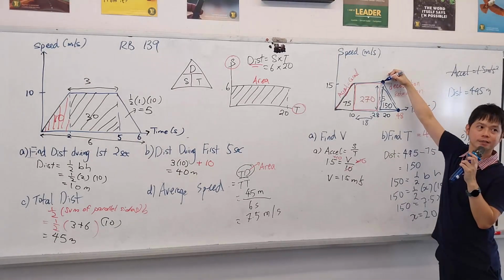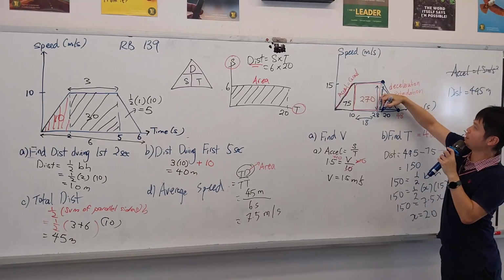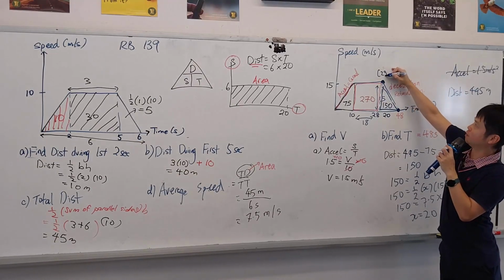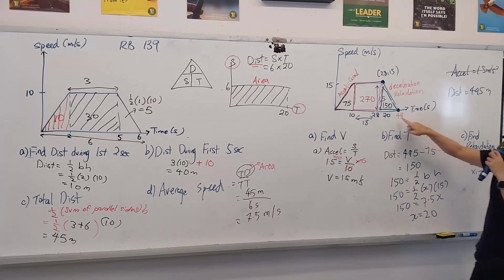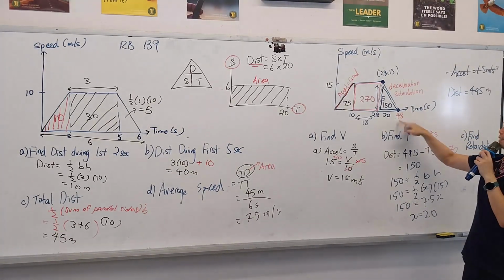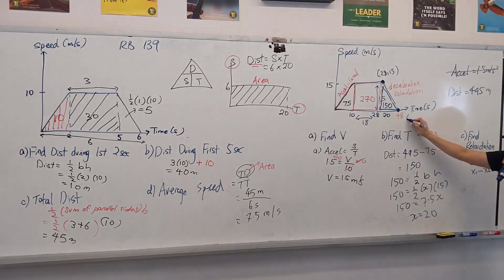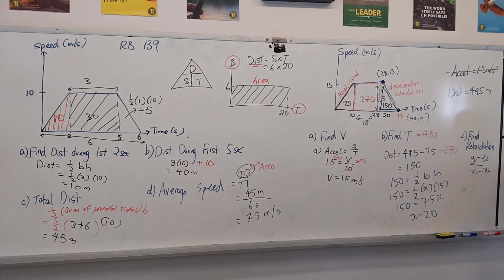What is this coordinate? 28, 15. Okay, now this is a very silly way to do it. And what is this coordinate? 48, 0. Okay. So let's use the y1 minus y2 over x1 minus x2. Can you input the number for me? Just say out the number.